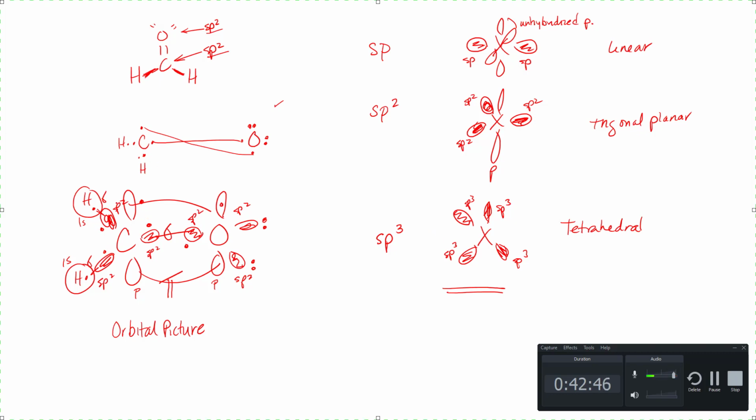Place the electrons in the orbitals by transposing the Lewis dot structure into the orbital picture, and then finally form your sigma and pi bonds by overlapping. Remembering that lone pairs can only go into hybrid orbitals.